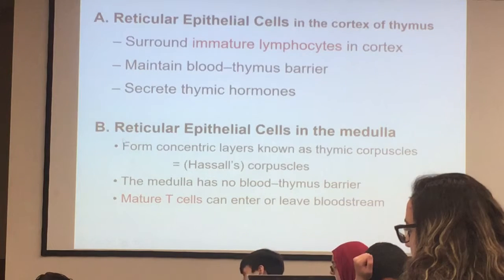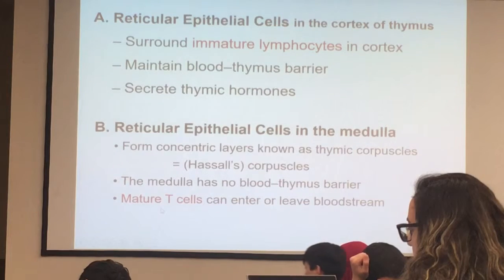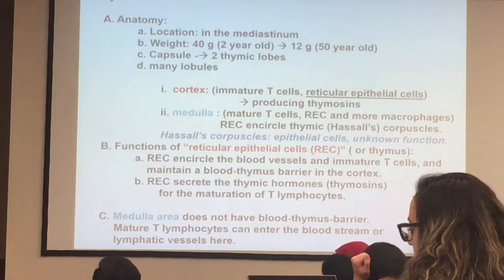In the medulla area they also have REC, but they form a circle called Hassall's corpuscle. They have blood vessels there and contain mature T lymphocytes. So these two areas are a little bit different.